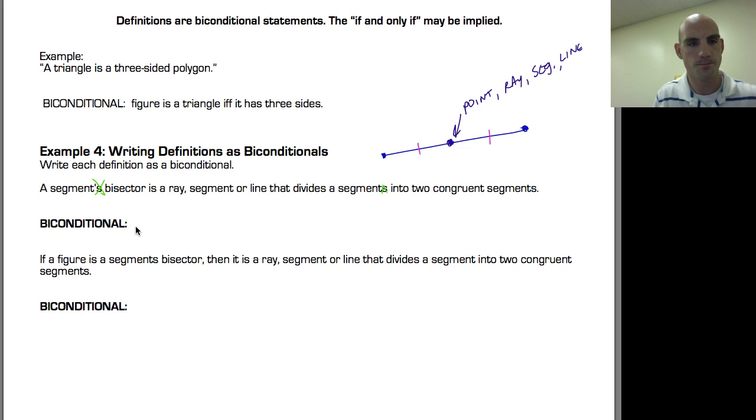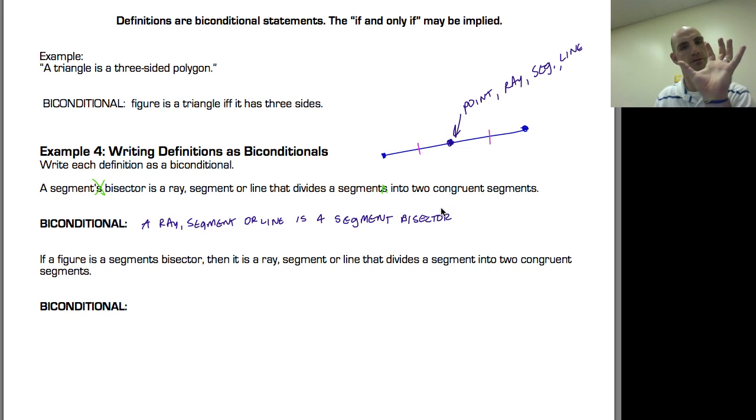So let's see. We could write it like this. A ray, segment, or line is a segment bisector. That's the first part.